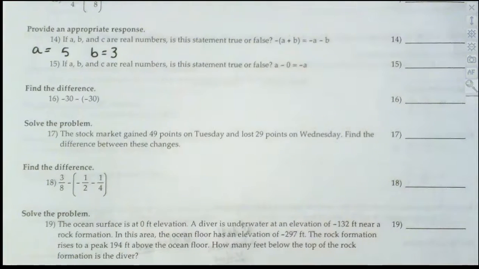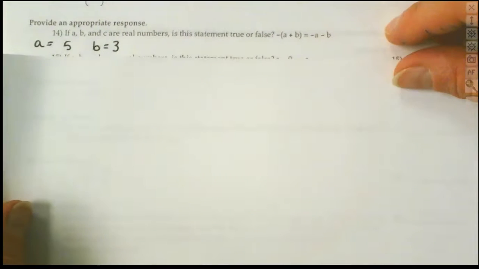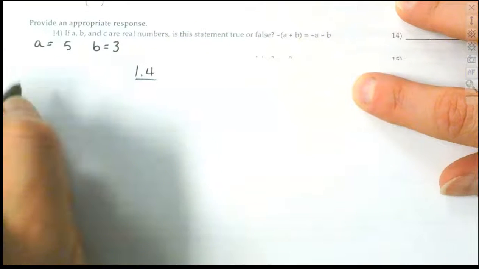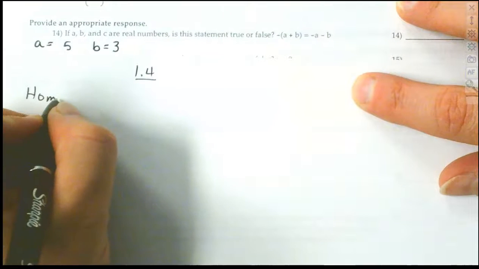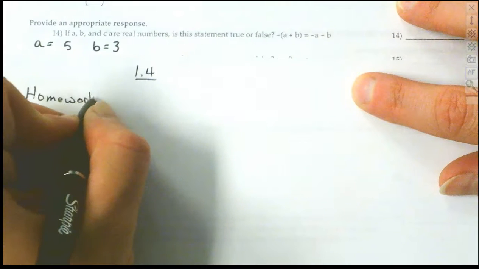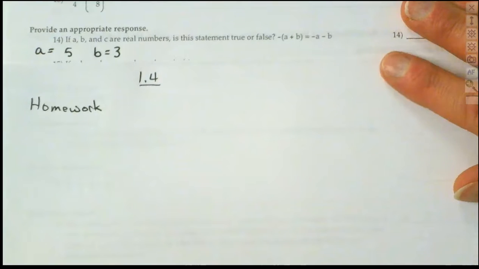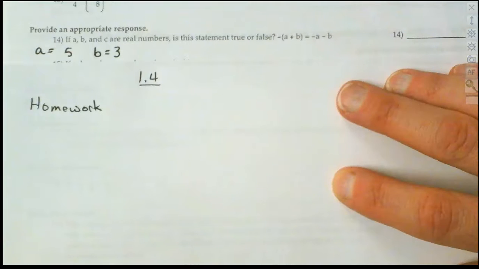So for question 14, I'll just add on another page here. So for question 14, I'm going to work it out here. And this, by the way, is 1.4 in your homework. We're going to plug in our values, and we're going to see if they match up. And if they match up, it's true. If they're different, it's false.